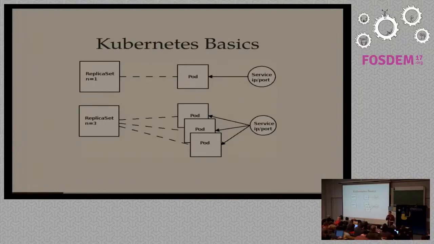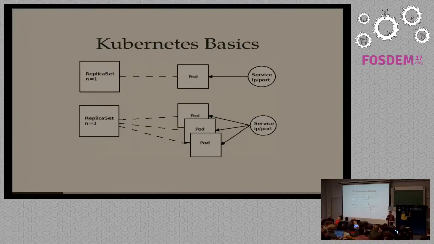So that's where the service abstraction, the service object, comes in with Kubernetes. The idea is that it's basically a level 4 proxy or load balancer, with a fixed IP address for your pod that anyone in the cluster can use. There's normally a DNS name associated with that as well, so you can easily find it.